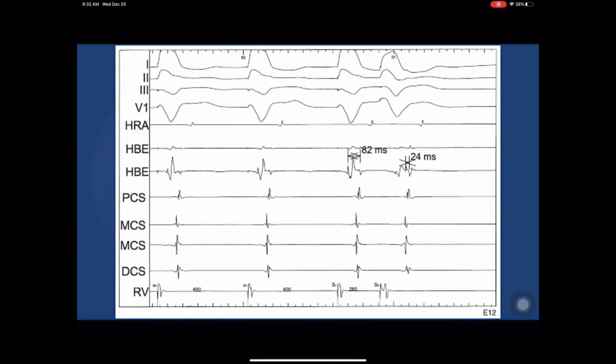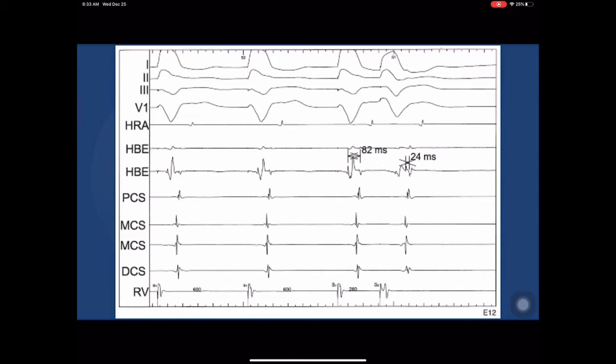So when you look at the pace beat here in S1, you see a typical AV nodal pattern. You could argue that it's coming up a little bit in the coronary sinus, but as we all know, this still could be an accessory pathway in the posteroseptal area, or it could still be AV node, you're not sure, or it could be both. And then what you do is you put a premature beat in.